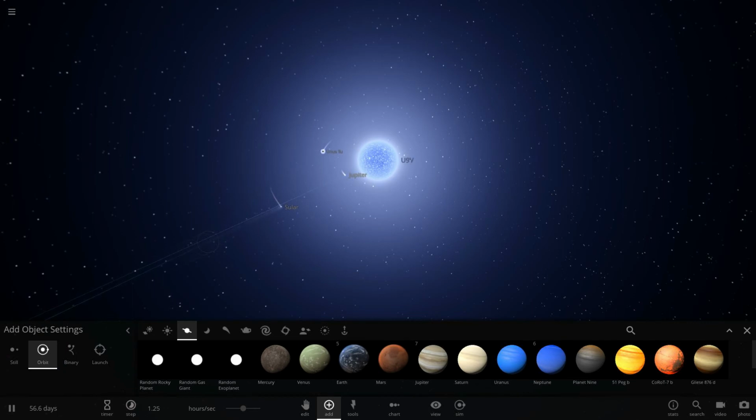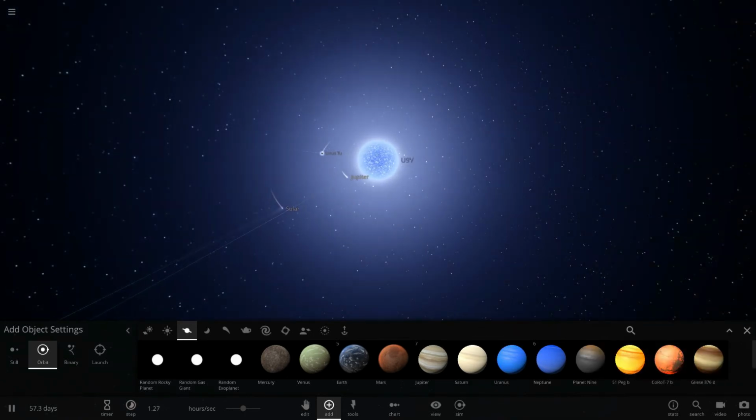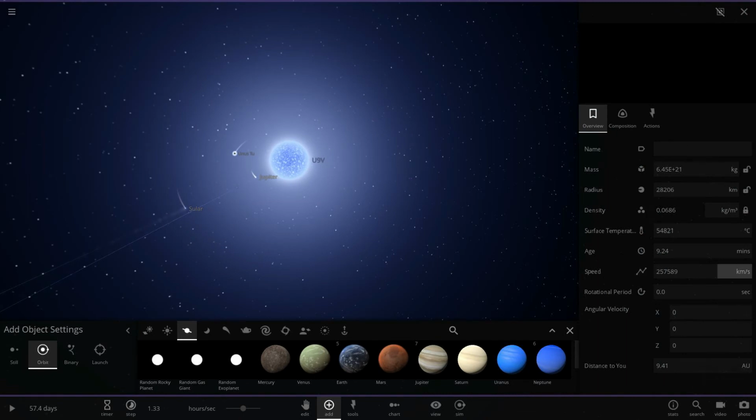How fast is that actually going? Speed. What the fuck? How fast does this go? Nearly the speed of light?